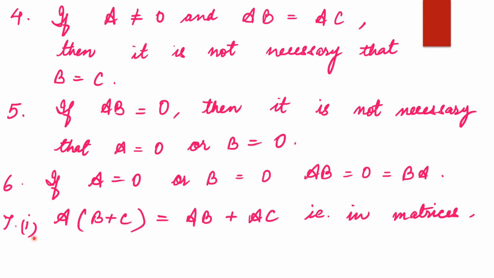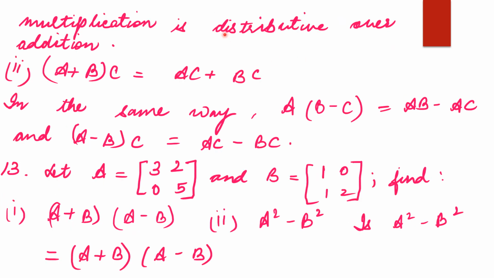Now the seventh, first part: A into B plus C is equal to AB plus AC, that is, matrix multiplication is distributive over addition. Now the second part: A plus B into C is equal to AC plus BC.